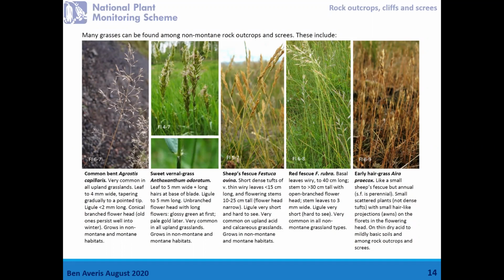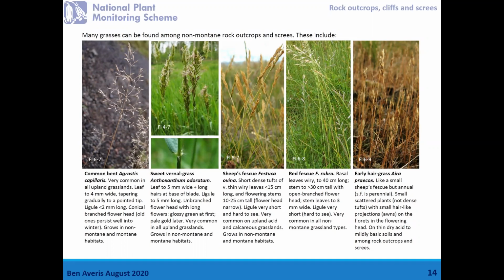But you can always tell it from sheep's fescue by the fact that when you look at the individual little spikelets in the flower head, each one has a little projecting hair-like thing, which is called an awn. And you don't get those distinctive longer awns in the sheep's fescue. You can get them in red fescue, but that's so much of a bigger plant, you're not going to mistake red fescue for early hairgrass.